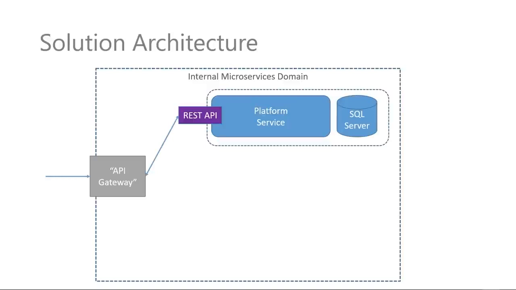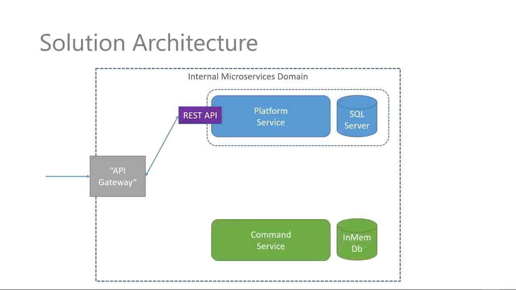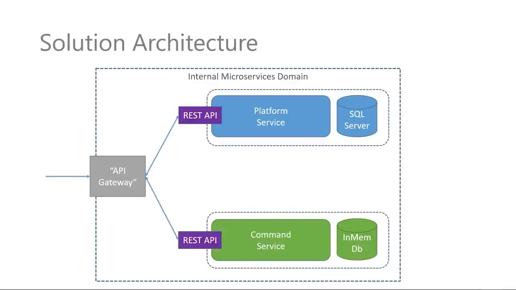We can externally get in and route to these APIs. And again, here's our command service, in-memory database, REST API, which is basically complete. We're not doing any more on that. So this is basically where we're at. And the problem that we were encountering in the last section when we were trying to test our command service was that we have no platforms in there.